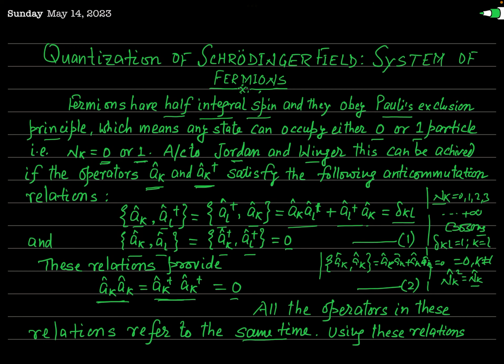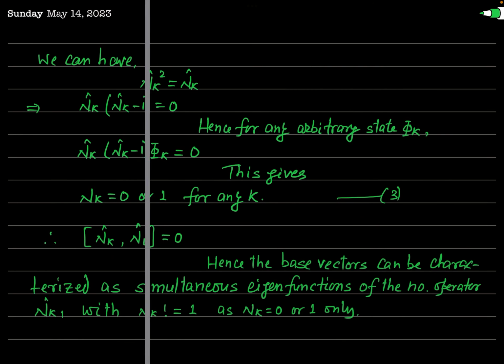So from this you can easily say that the operator n_k hat squared is equal to n_k hat. Okay. And when you take this n_k hat to the LHS, you can write the expression like this.